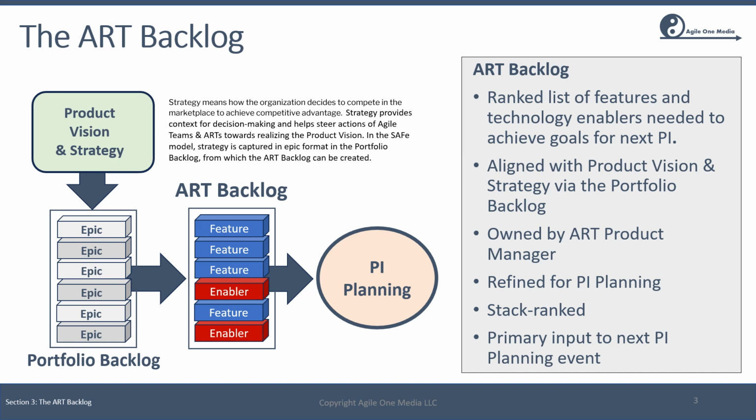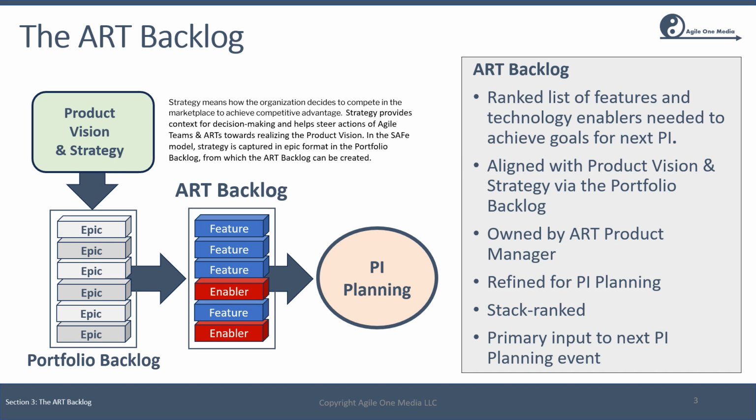So whereas the portfolio backlog contains a set of major business goals or initiatives designed to deliver the strategy, the ART backlog contains items that reflect actual solutions for the business objectives, otherwise known as product features. The ART backlog is ordered so that it represents the work needed to achieve the highest priority business goals for the next PI time box.